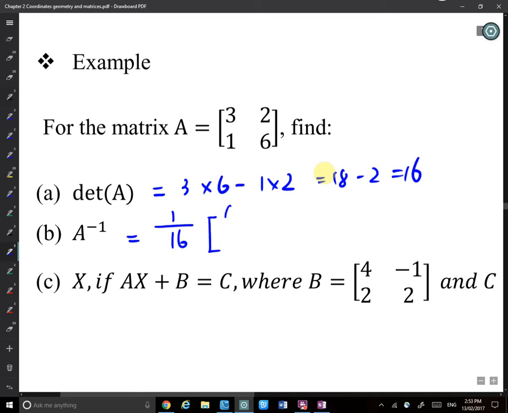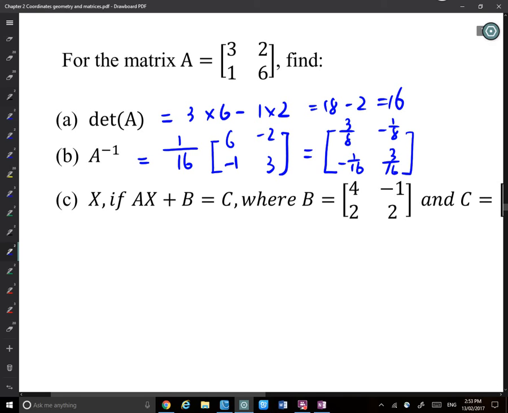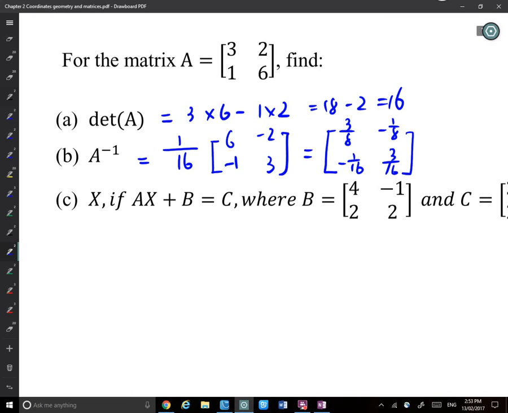And I will swap the numbers on the main diagonal and put negative signs for the other 2 numbers. That will give me 6 over 16, which is 3 over 8. Minus 2 on 16 is minus 1 on 8. Minus 1 on 16 and 3 on 16 for this one. Okay, that's the inverse matrix.